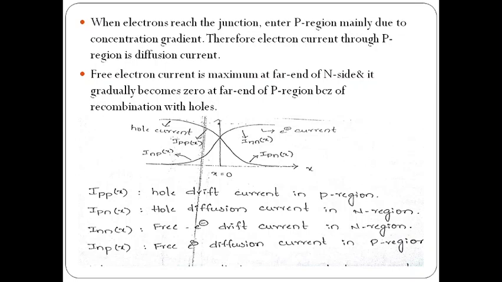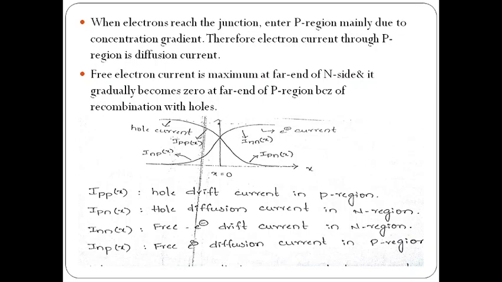Here I am keeping the cursor. Holes are entering into the n region because of diffusion. So I_pn(x), current due to holes in the n region, is called hole diffusion current in the n region. Now I am indicating the electron current.